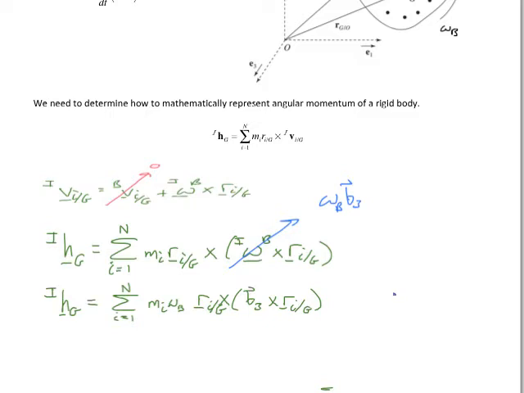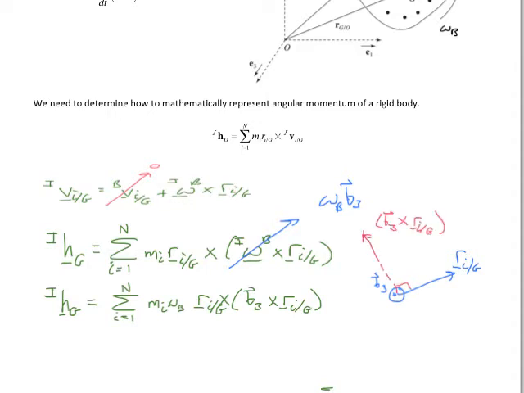And so if we draw our vectors, here's our b3 director pointing out of the page, and then we have a position vector, r of i with respect to g, and that's always in the plane. And so if we cross our position vector with b3, we're going to obtain a vector that's orthogonal in this direction.